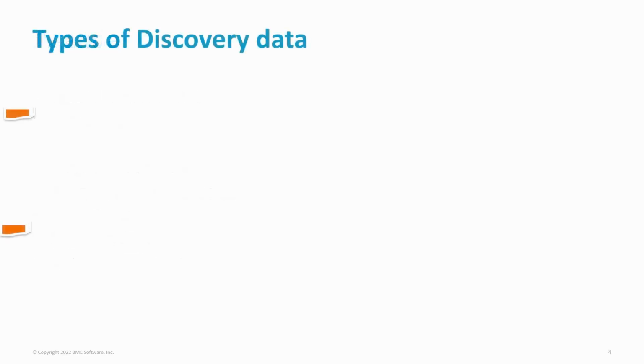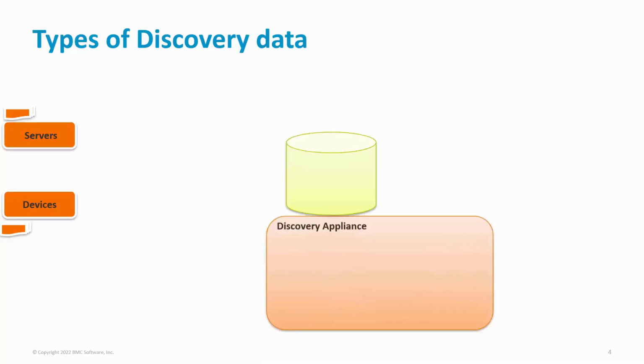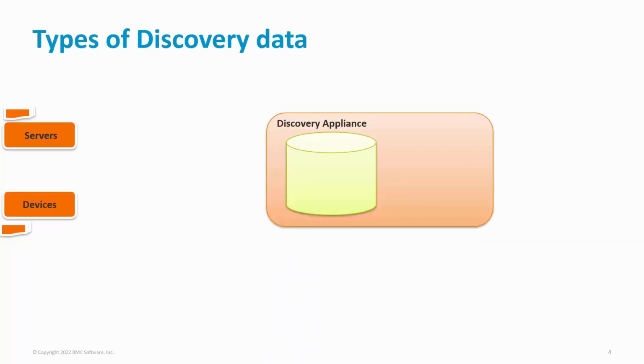In part 1 of this webinar series, we saw that when we have servers, devices, or other configuration items that we want to discover and track in CMDB, we will first deploy BMC Discovery Appliance. Though BMC Discovery Appliance has the capability to discover all types of CIs, in most cases we will deploy BMC Discovery Outpost.